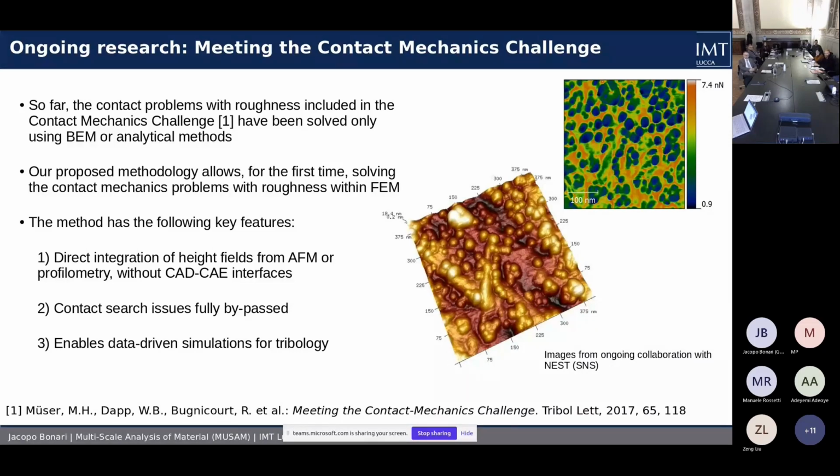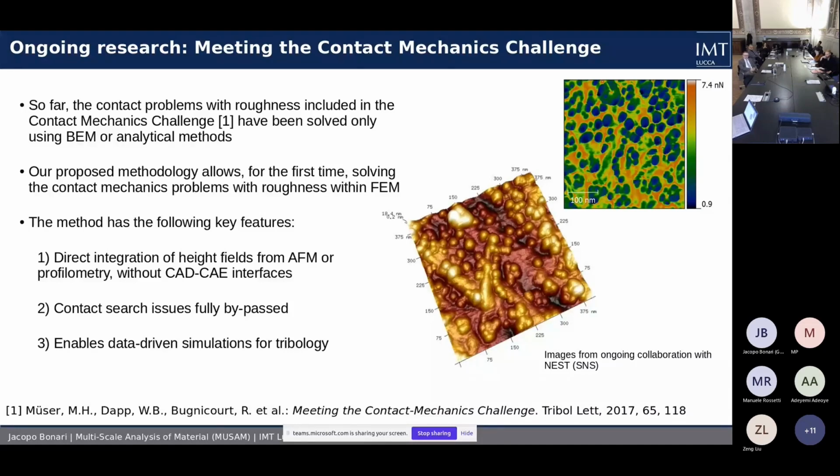And of course, to conclude, I would like to sum up the key features of our model, which is the direct integration of analytical functions or fields, which could come directly from experiments, for example, from both the atomic force microscope or the profilometer, which is present in our lab here in Lucca. We have a full bypass of the most common problems which characterize the solution of these kinds of problems using the finite element method.